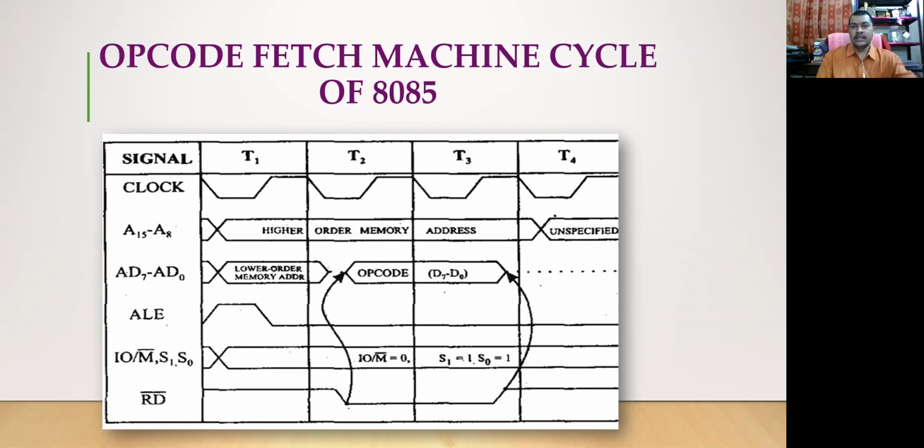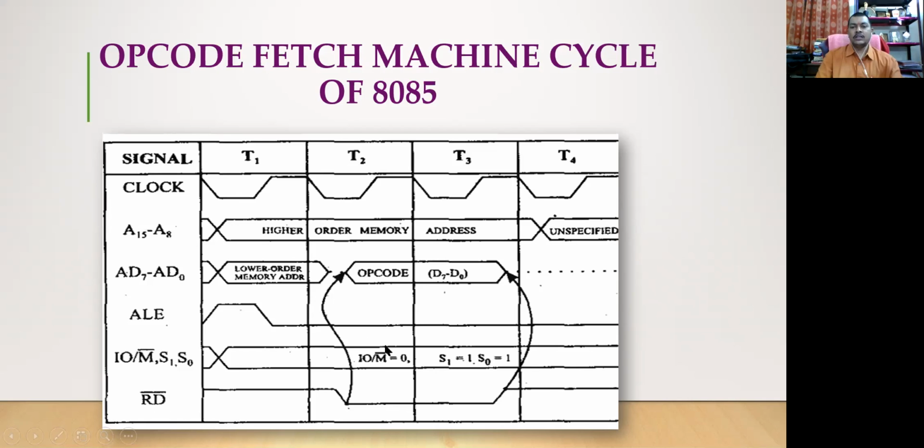Now in the last column, the read bar signal is low, which implies that it is going to read the opcode from that particular memory location. So it reads the opcode in the second clock pulse.